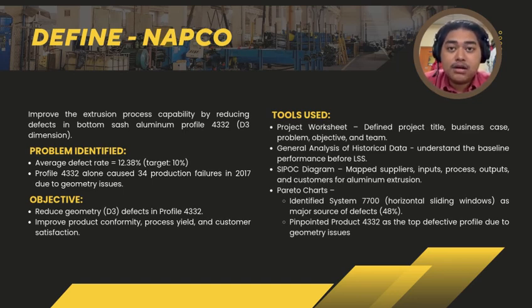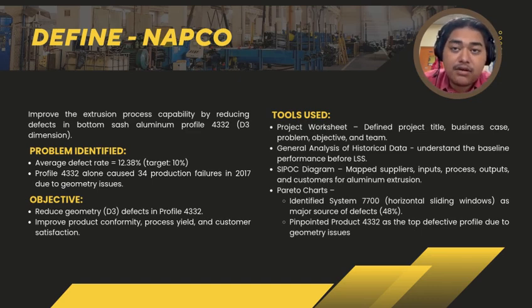Within that system, product 4332 emerged as the top defective profile, mainly due to geometry issues, specifically the D3 dimensions. The problem they defined was an average defect rate of 12.38%, with the target being 10%. In 2017 alone, Profile 4332 caused 34 production failures.